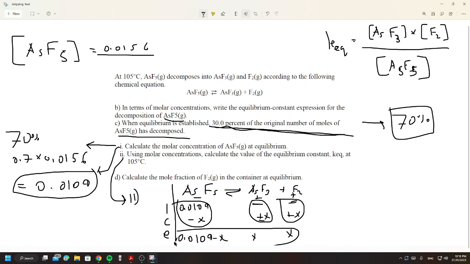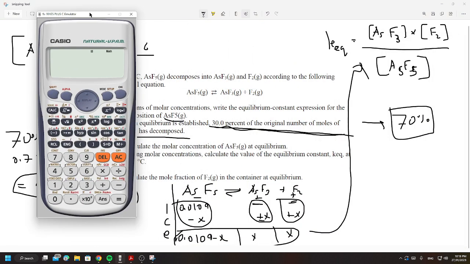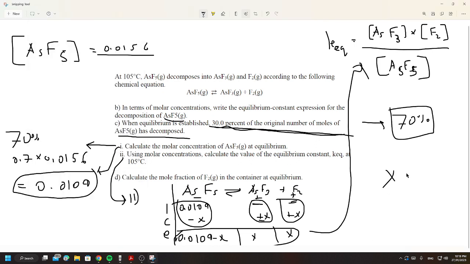We substitute these values into this. Do it on the calculator here. So it's going to be x times x over 0.0109 minus x.